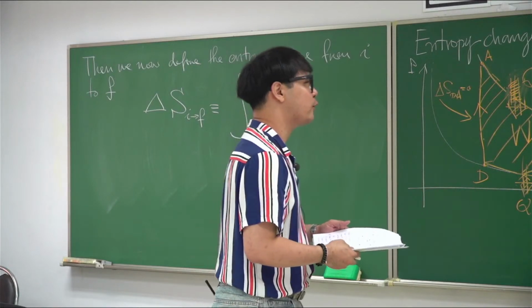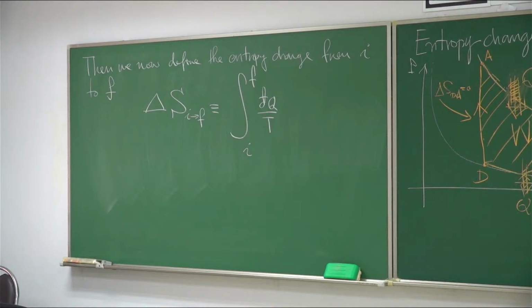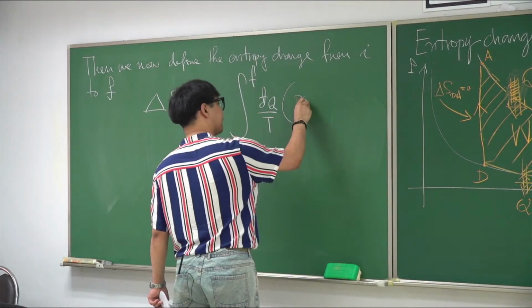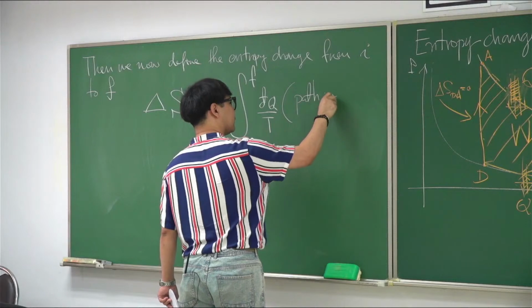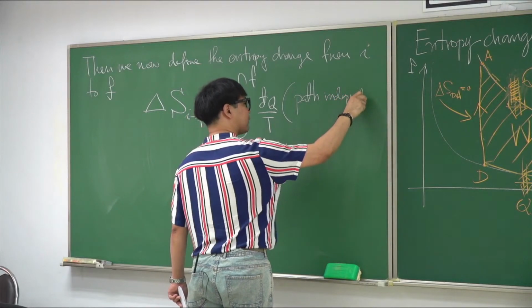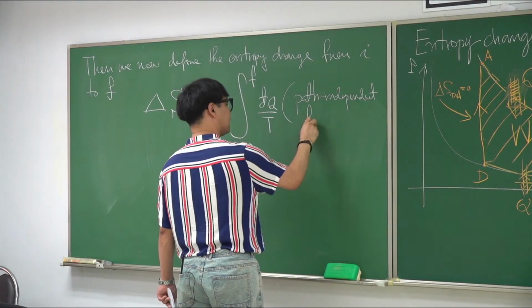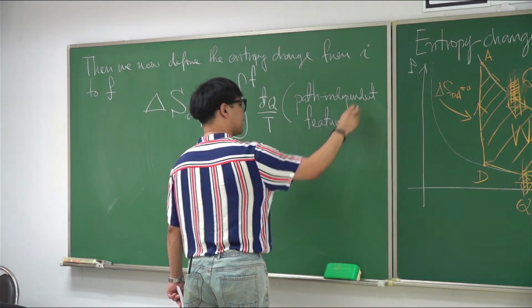So, as we put the assumption right here, the entropy is a state function. It means that it is a path independent feature.